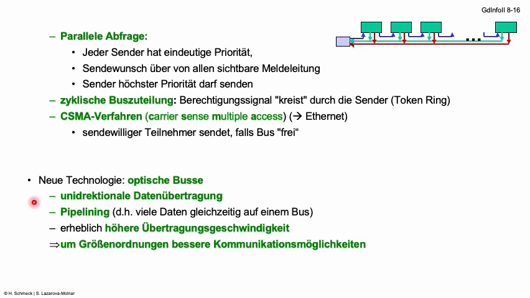And then there are also other new technologies currently in use, such as optical buses, which allow unidirectional data transmission, but they also have pipelining, so it means you can have more data at the same time on the same bus. And with this we have significantly higher transmission speeds and of course improved communication options, basically by orders of magnitude.